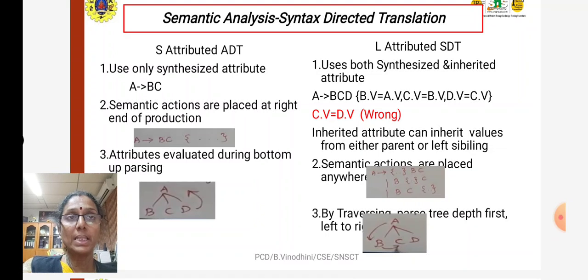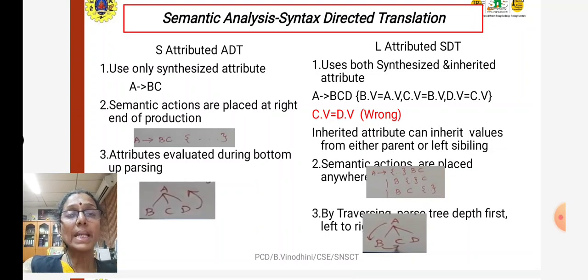Next, I said we have two types of attributes: synthesized attributes and inherited attributes. In S attributed and L attributed syntax directed definitions, the S attributed SDT uses only synthesized attributes, and the L attributed SDT uses both synthesized and inherited attributes.